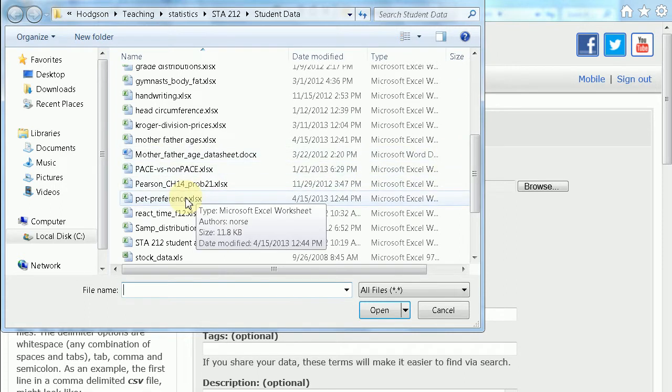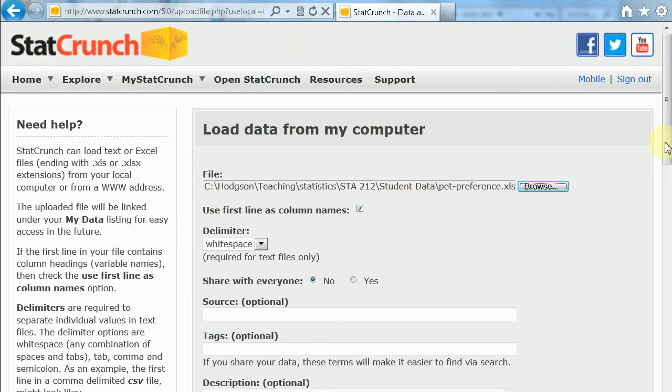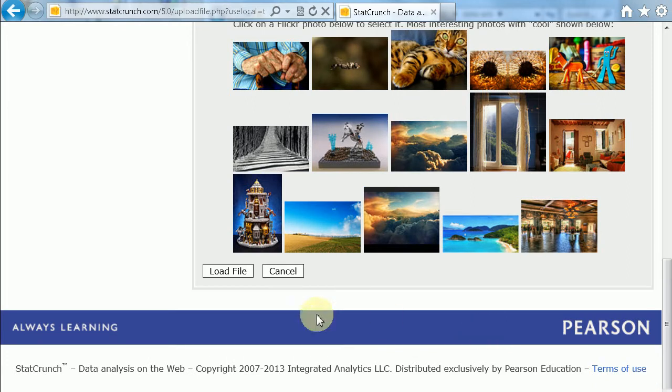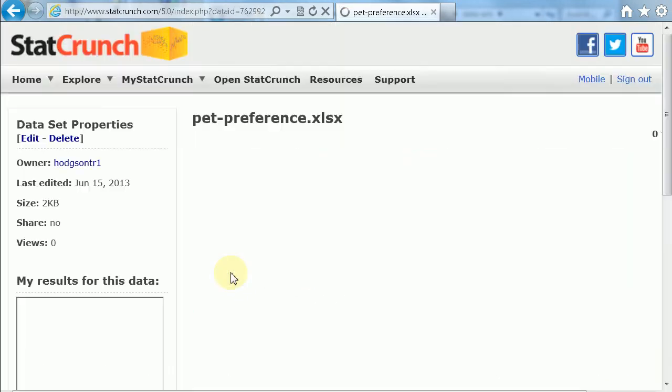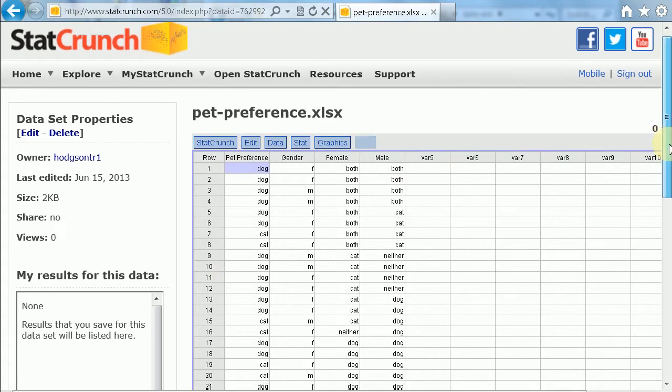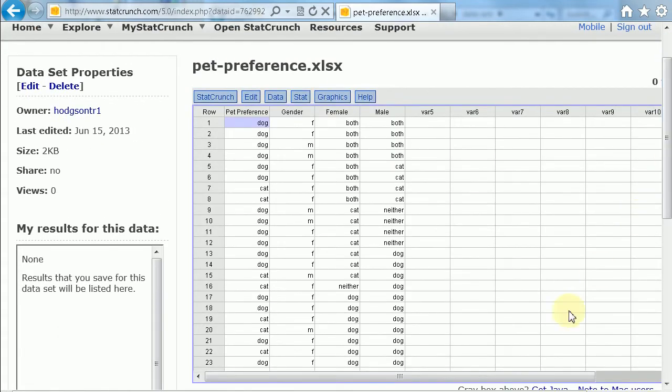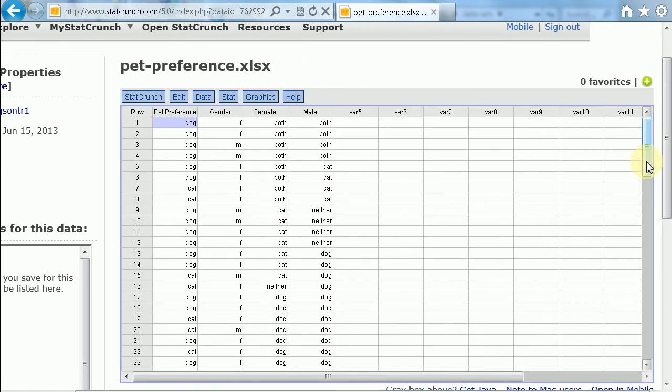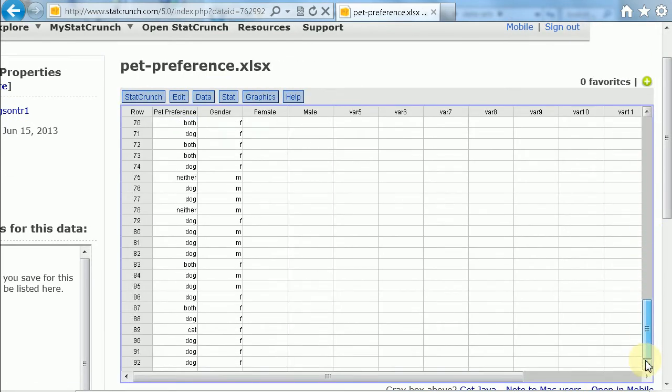So double click on the file, go down to the bottom of the page and click on load file. Over the years I have asked, let's see what we're up to now, 92 students their preference about pets.